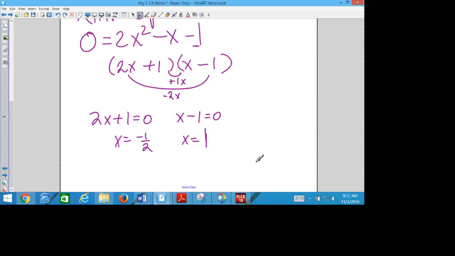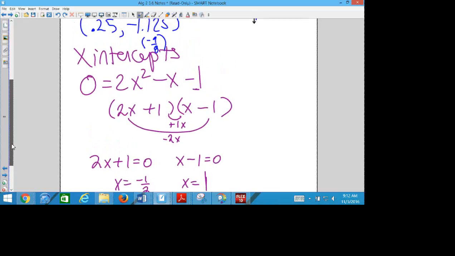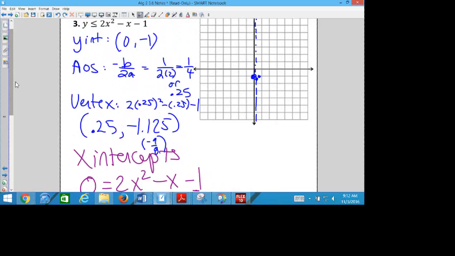So we're going to plot those on the graph: -0.5 and +1. Do those seem reasonable where I plotted them with the other points that I have?